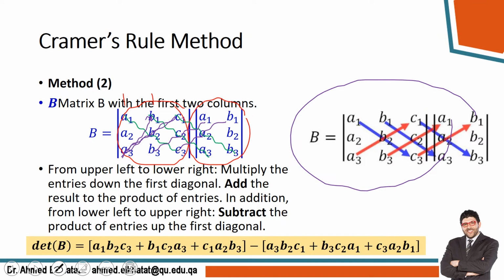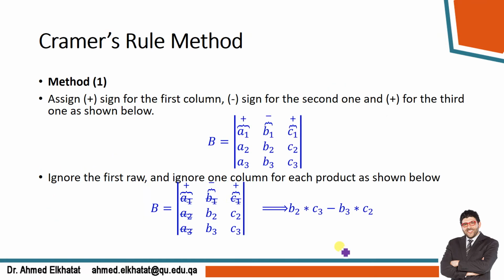For example, you already found the determinant for the whole matrix, and you want to find the determinant for x. You know x1 corresponds to the first column, x2 to the second column, and x3 to the third column. To find the determinant for x1, remove the first column and replace it with b.